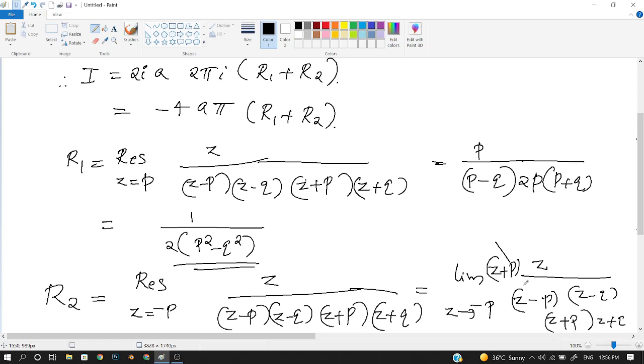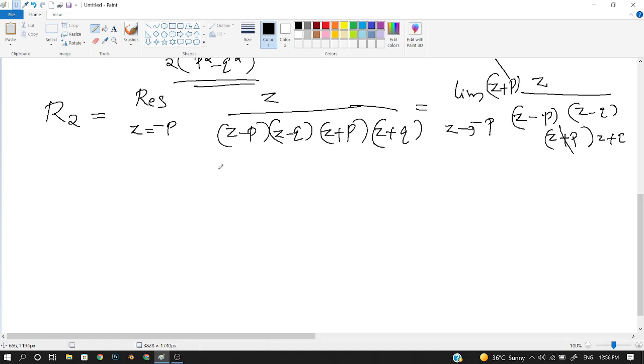So you can cancel the term z plus p. Now for the remaining terms, you can substitute z as equal to minus p. So we have that is equal to 1 by 2 into p square minus q square.